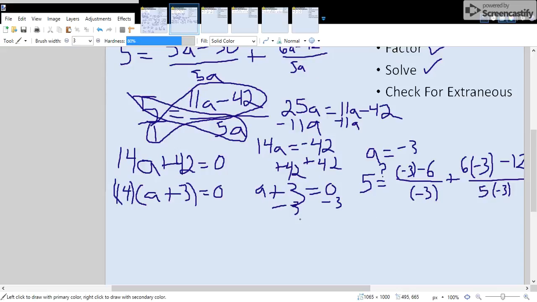So if you multiply all that out, you should get, is 5 equal to negative 9 divided by negative 3 plus negative 18 minus 12 all over negative 15.